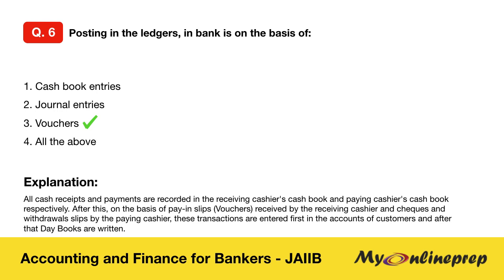All the cash receipt and payment are recorded in the receiving cashier cash book and paying cashier cash book respectively. After this, on the basis of paying slip, voucher received by the receiving cashier and checks and withdrawal slips by the paying cashier, these transactions are entered first in the account of customer and after that day book is written. Got it? Great. Let's move on to next question.